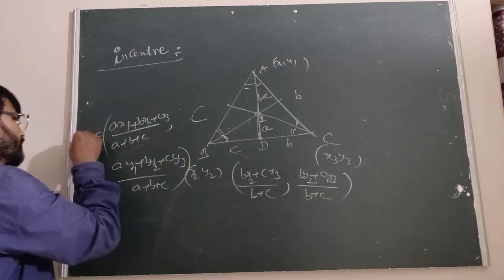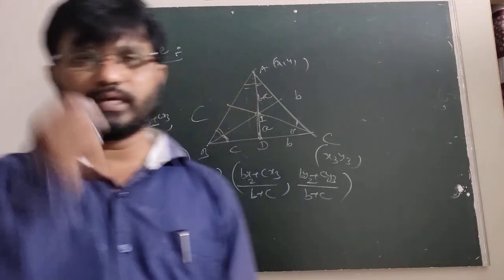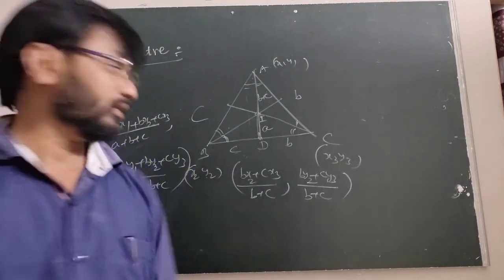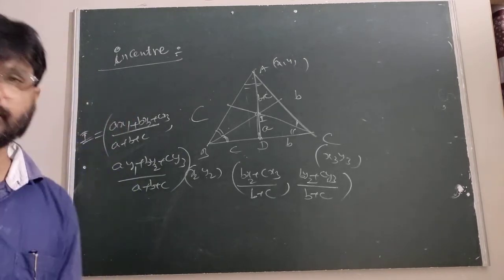This is the formula of the incenter: I = ((a·x1 + b·x2 + c·x3)/(a + b + c), (a·y1 + b·y2 + c·y3)/(a + b + c)).